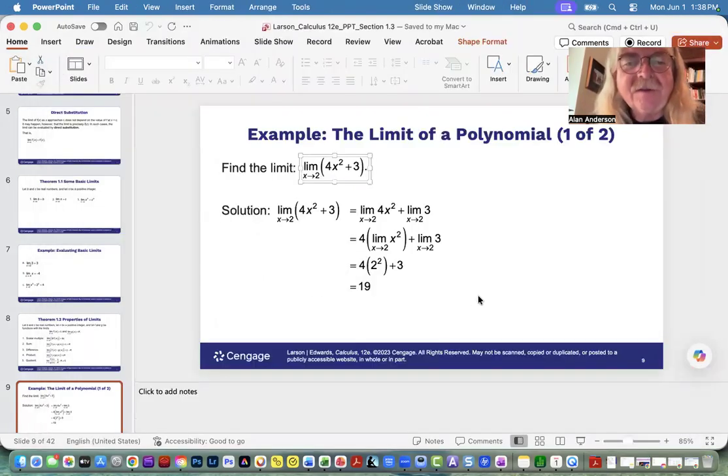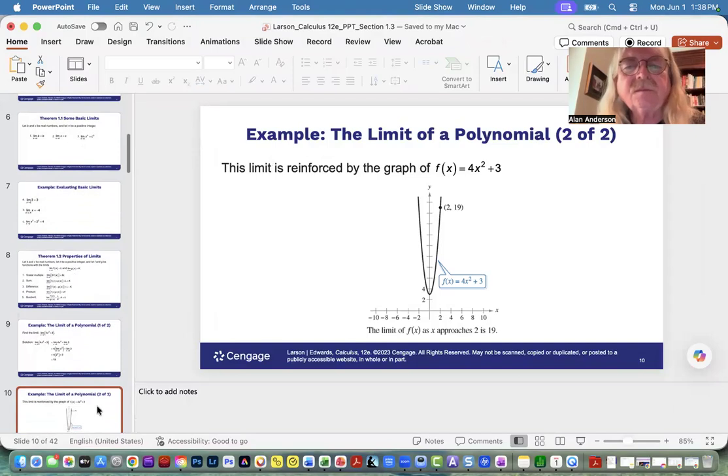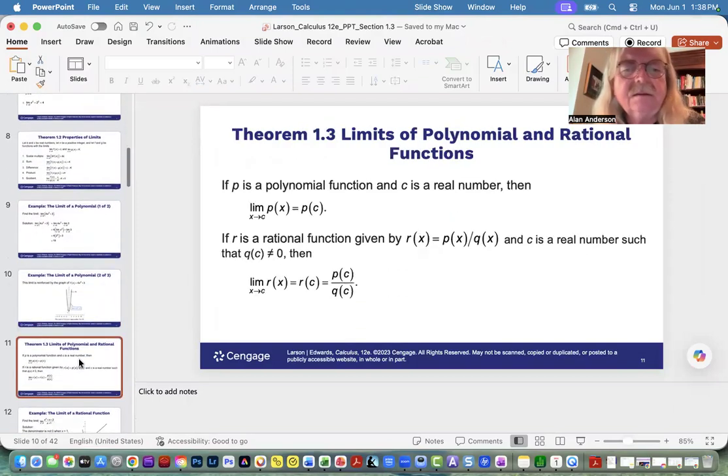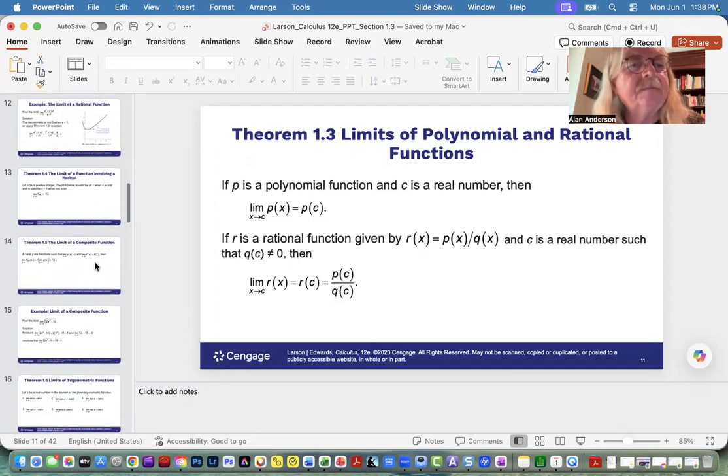Okay, what else do they have for us? Oh, they want you to see the graph, and you can see it's just that point. Okay. Yeah, well, this is pretty much exactly what we just saw.